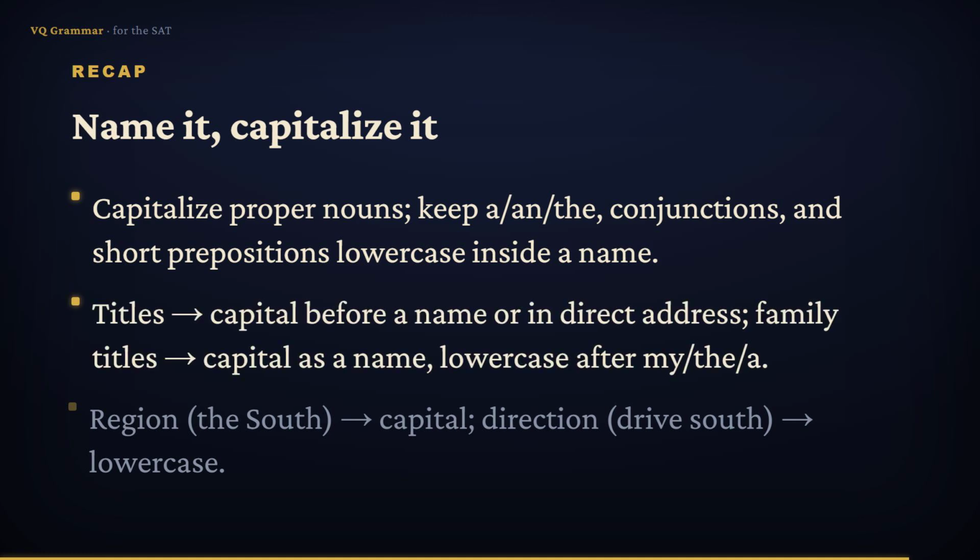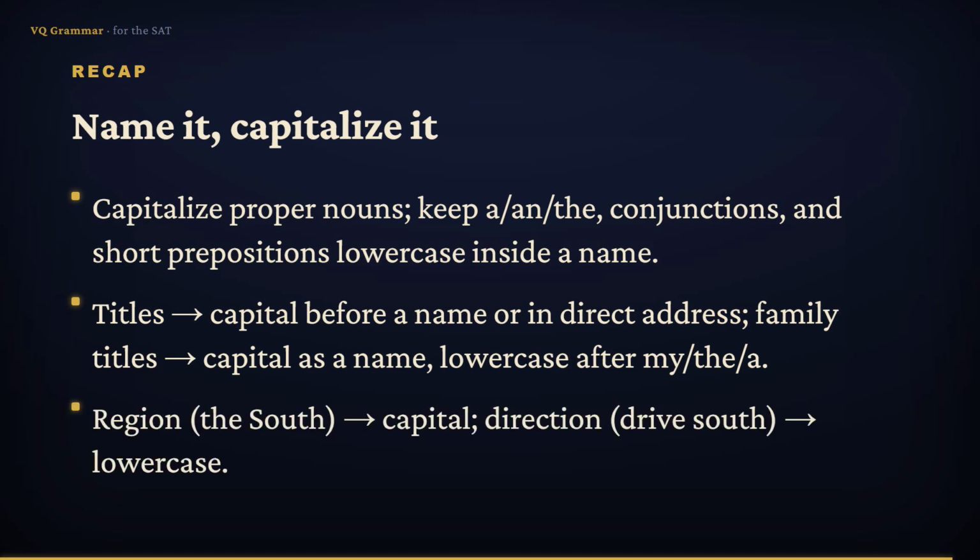Capitalize a title right before a name, or when you address someone directly, and capitalize a family word when it stands in for a name, but not when a, my, or the comes first. Capitalize groups, organizations, brands, holidays, and historical eras. And remember the compass trap. A region like the South is a place and gets a capital, but a direction like drive south does not. Master this, and your capital letters will land exactly where they belong. Wonderful work.